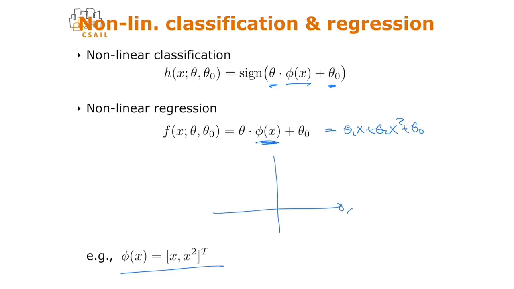A linear regression based on x and the output y cannot capture relationships like this, but if we map to the second order features, the regression function that we are actually estimating in the original space is a quadratic function like this that can capture that easily.